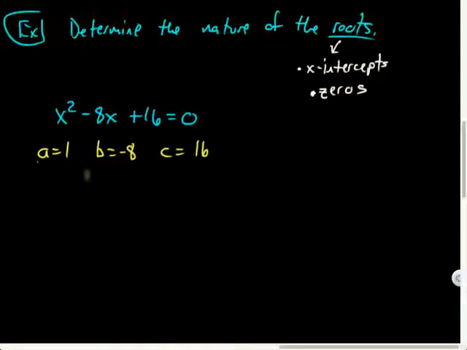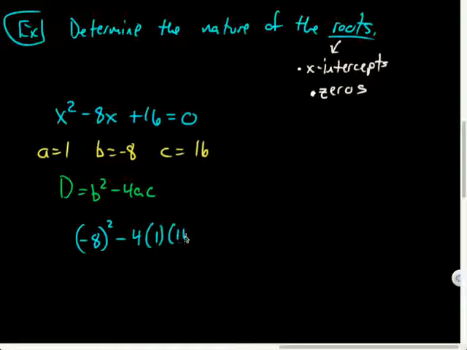So let's find the discriminant. B squared minus 4AC is what D is equal to. So let's just plug those in. B squared, -8 in parentheses squared, minus 4 times A is 1 times C is 16. So -8 all squared is positive 64, minus 4 times 1 times 16 is 64, and I get 0.